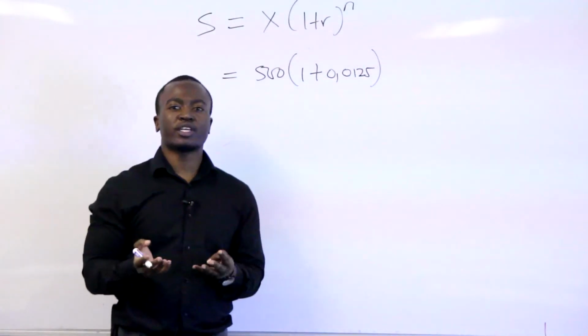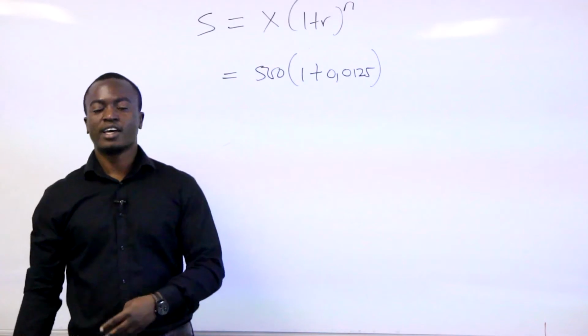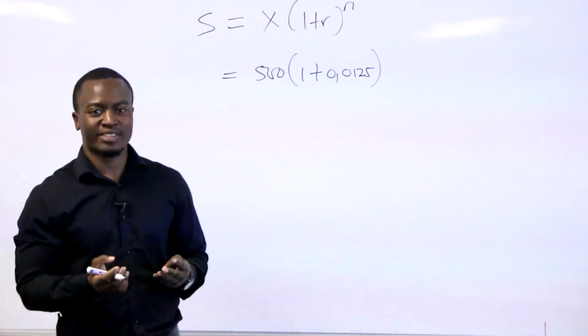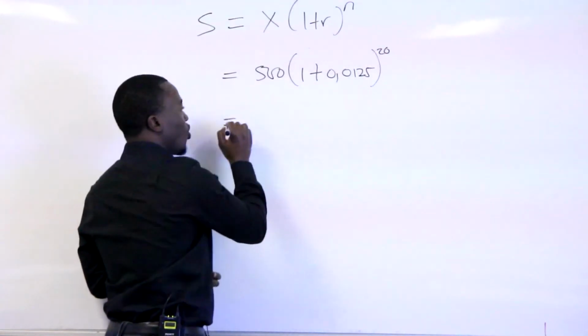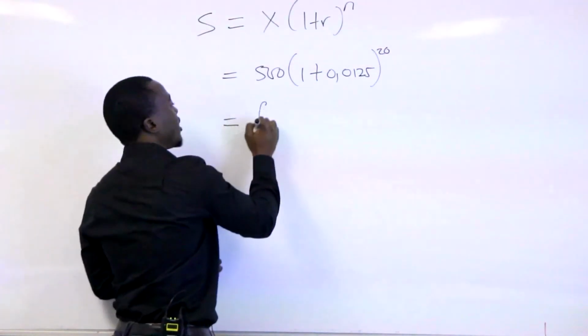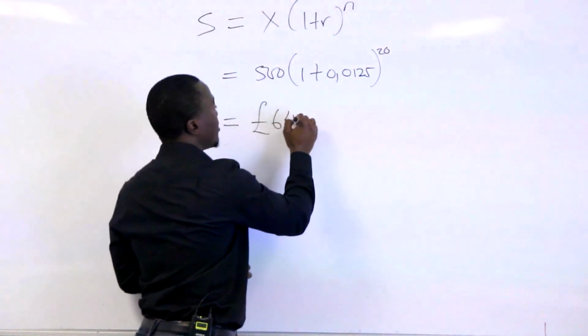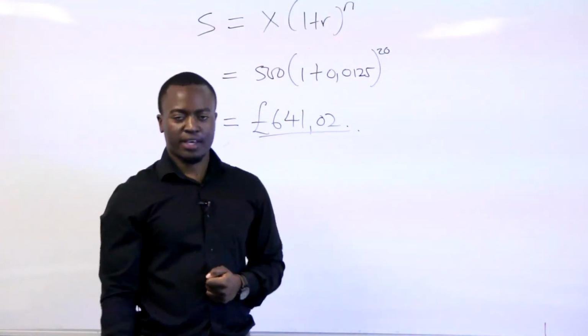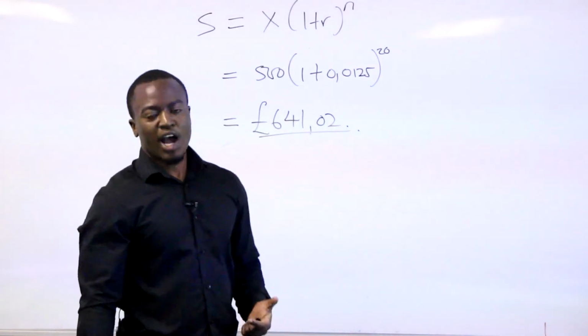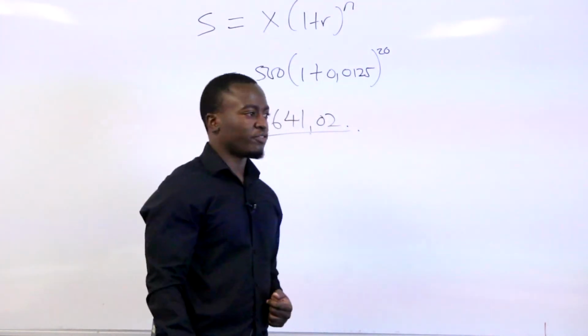If we're paying it quarterly, that means 4 times a year, and this is over 5 years. So how many periods are there? That's 5 by 4, it's actually 20 periods. So the actual sum will end up being £641.02. That's the value after 5 years.